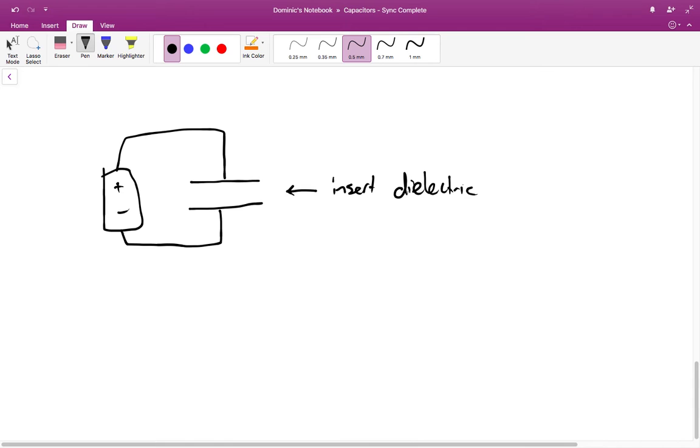The electric potential of our capacitor is going to equal the electric potential of the battery. So delta V after we insert the dielectric is equal to the electric potential before we inserted the dielectric, which is equal to the electric potential of the battery.